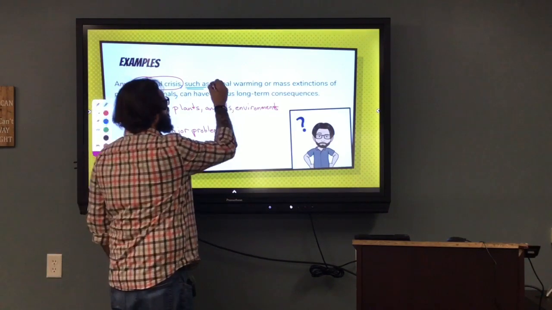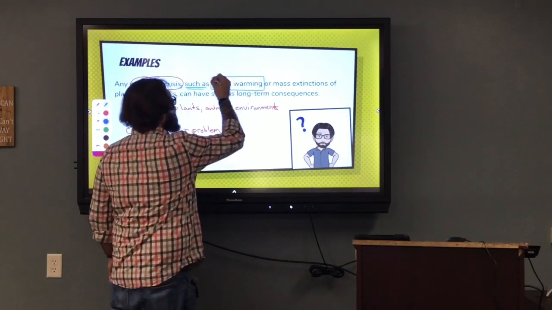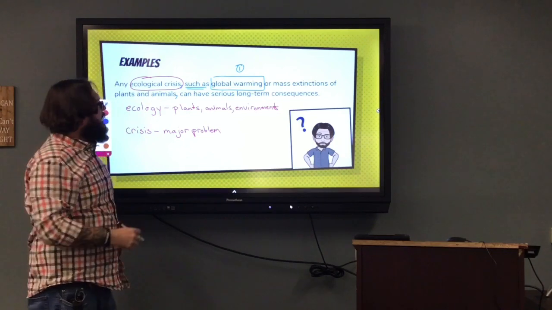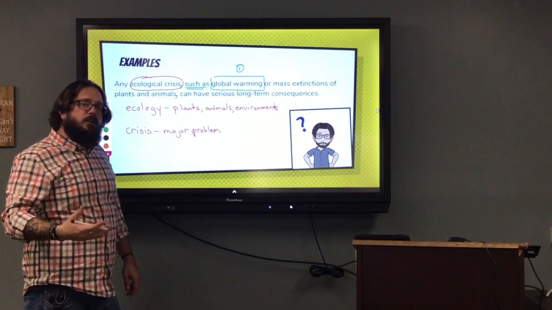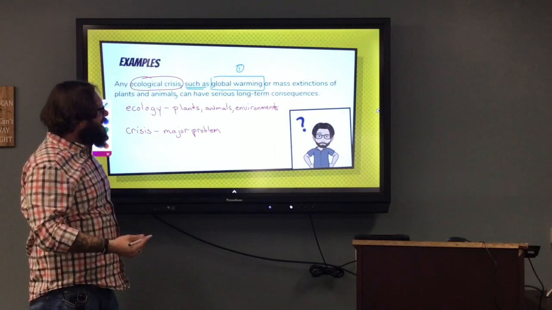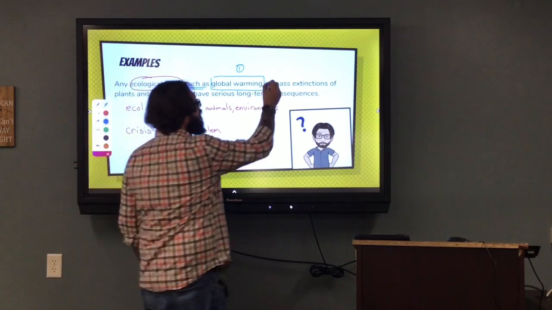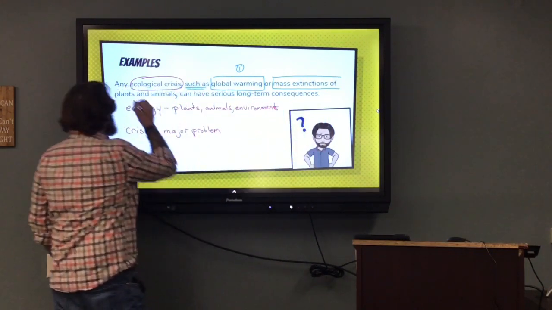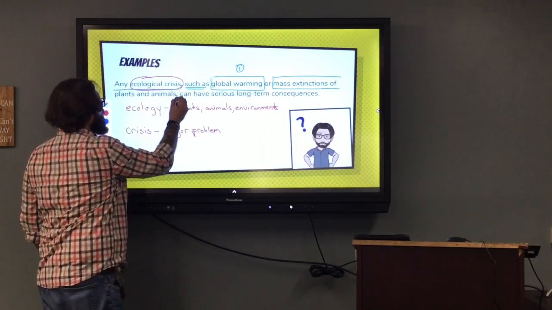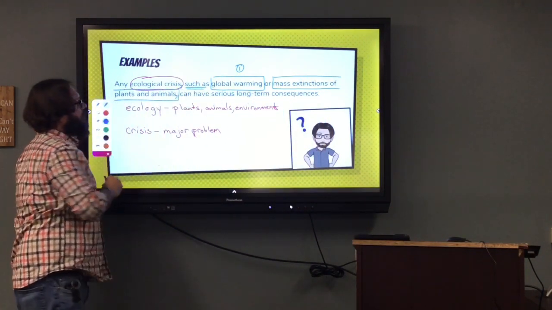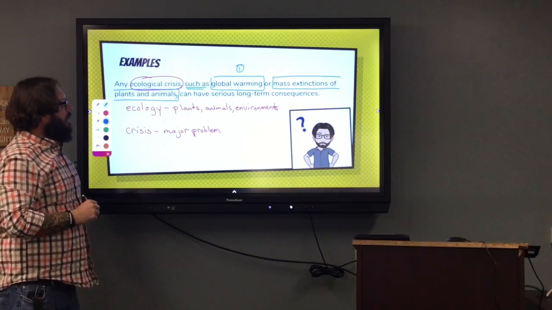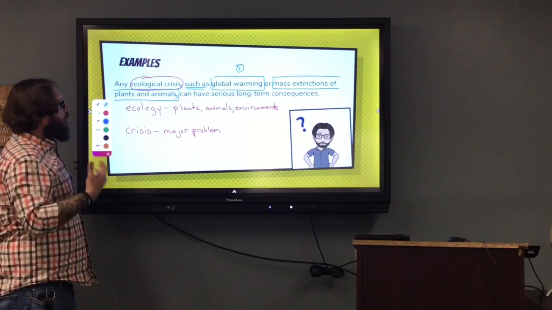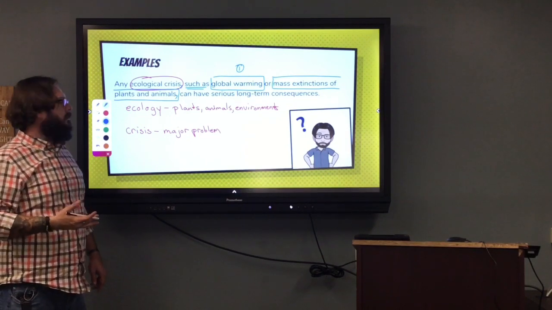The first one is global warming. So that is an example of an ecological crisis. The second is mass extinctions of plants and animals. And then goes on to explain that they can have long-term consequences.